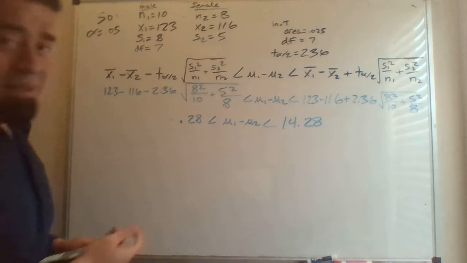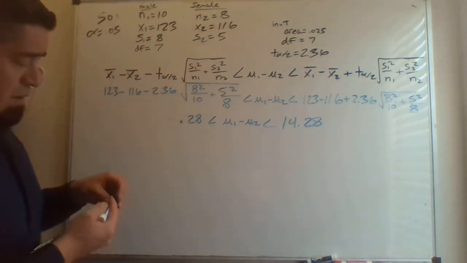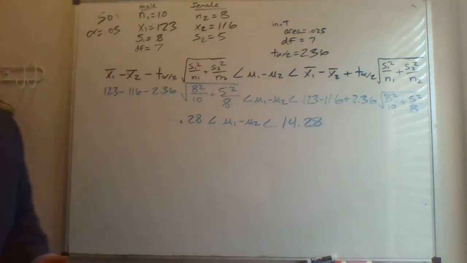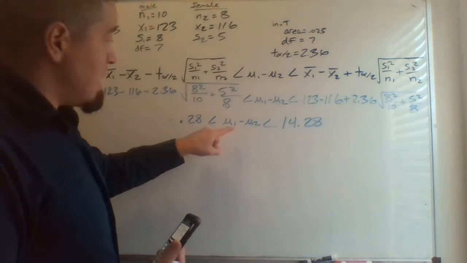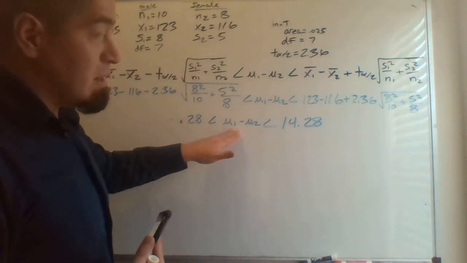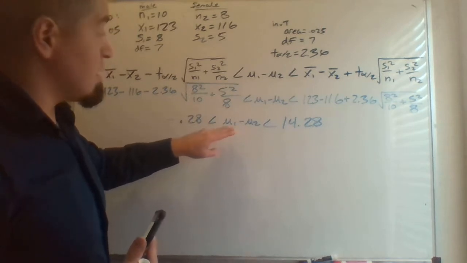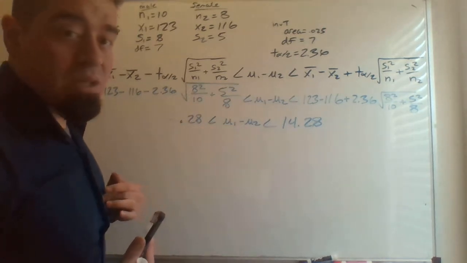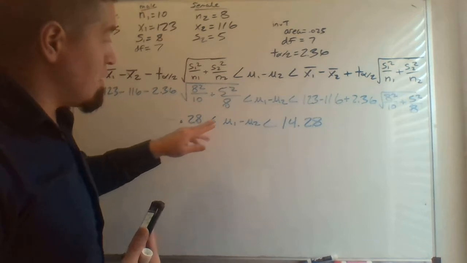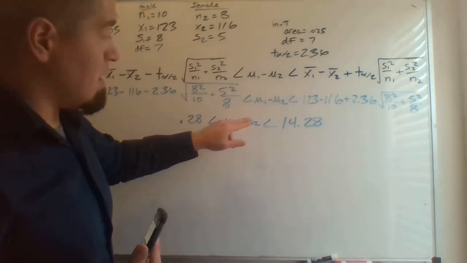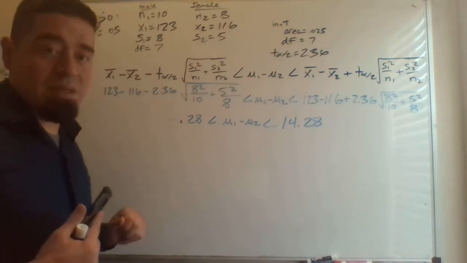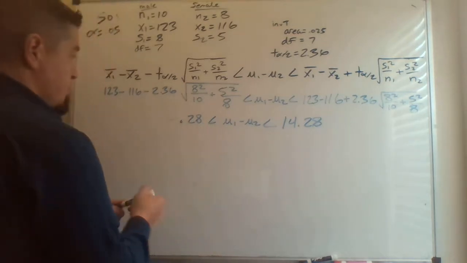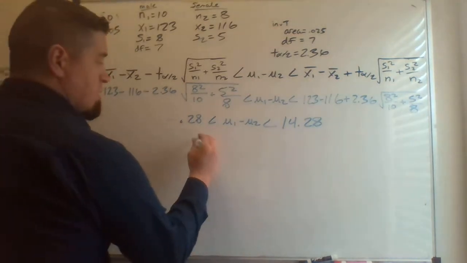Now let's think about this and interpret the results a little bit. Since this contains 0, that shows evidence that there is no difference between male infants and female infants. That's what the confidence interval suggests. So we can write something.